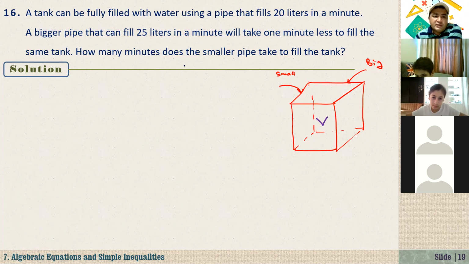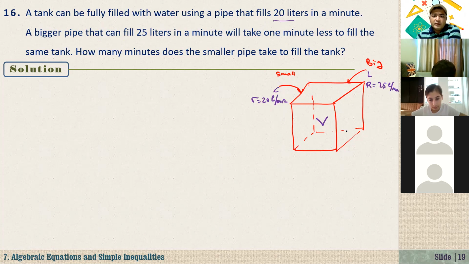The question says that a tank can be fully filled with water using a pipe that fills 20 liters in a minute. So what is the rate? The rate is 20 liters per minute. Every minute, 20 liters of water is pouring from this small pipe. And how about the big one? Let's say capital R is the rate of the bigger pipe. That is 25 liters per minute.